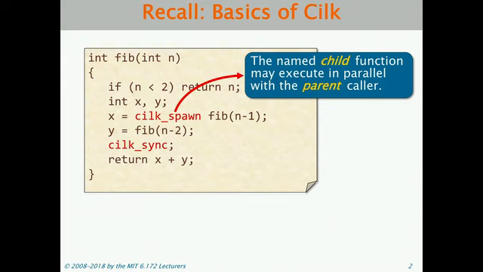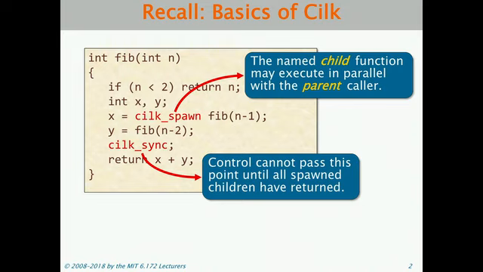So it says that fib of n minus 1 can execute in parallel with the fib function that called it. And then Cilk sync says that control cannot pass this point until all of the spawned children have returned. So this is going to wait for fib of n minus 1 to finish before it goes on and returns the sum of x and y.